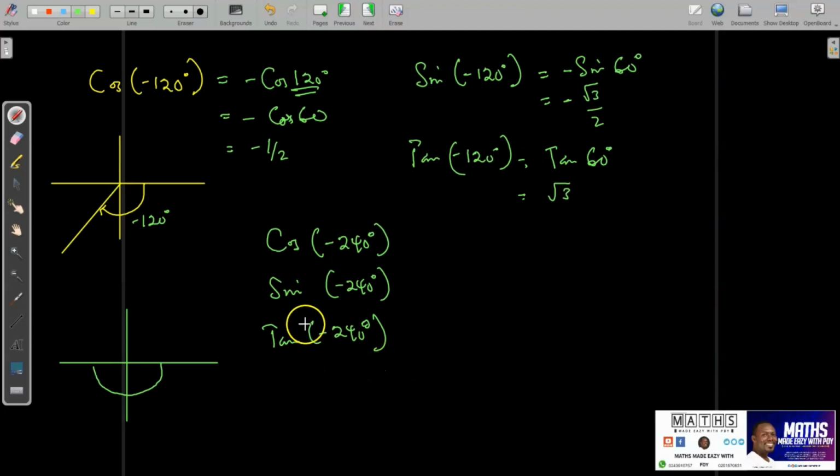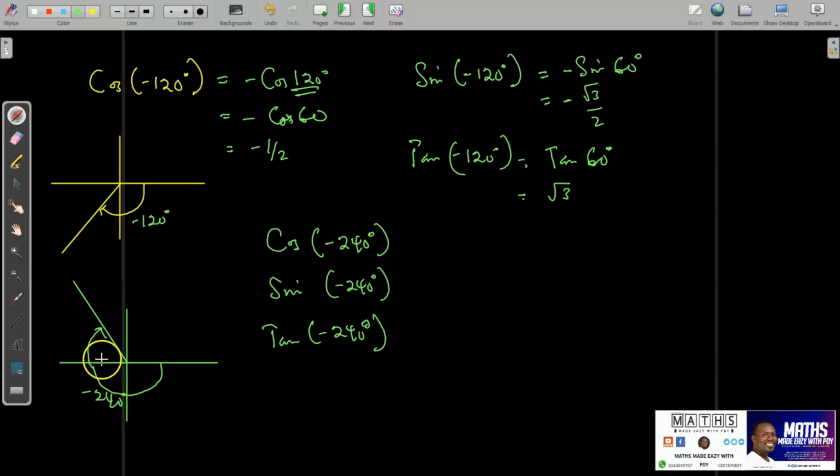So it means that we have 240 in the second quadrant and the terminal line will be here. This angle will go around and meet this, and that is negative 240 degrees.